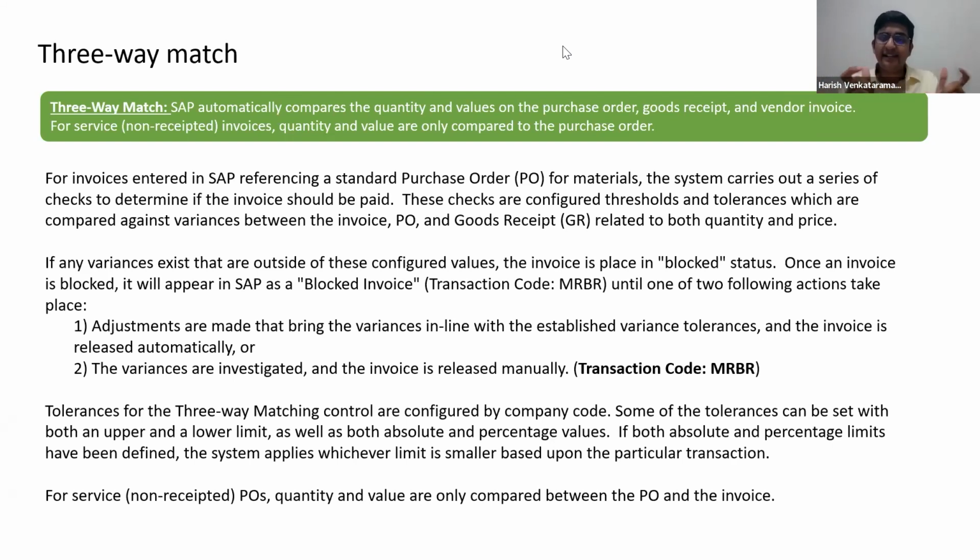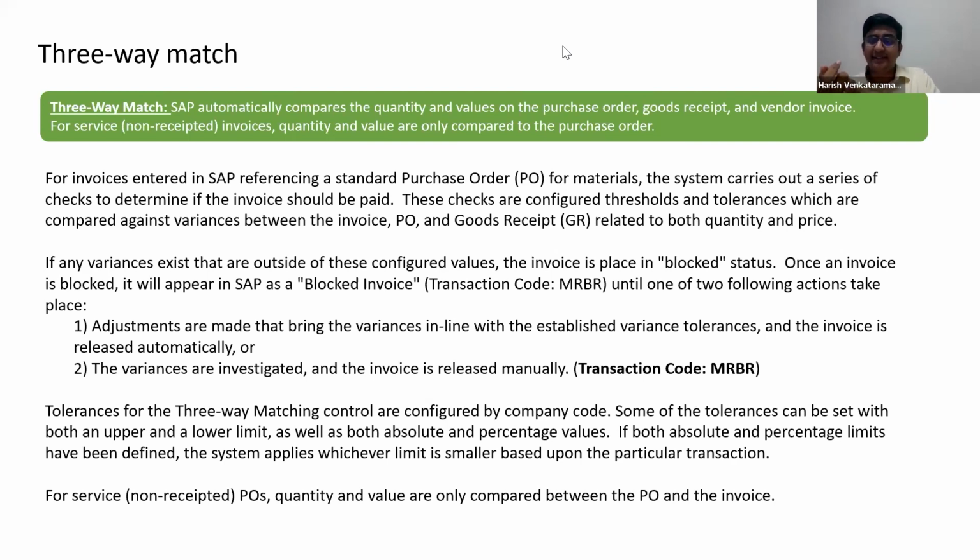All of these are various analyses that SAP does, and for each of them, the organization can configure the tolerance. Sometimes I might have a price tolerance but not a quantity tolerance. Or I might have a quantity tolerance because of some natural degradation process. The moment I receive it, I can have a 2% quantity tolerance, but not a price tolerance, right?